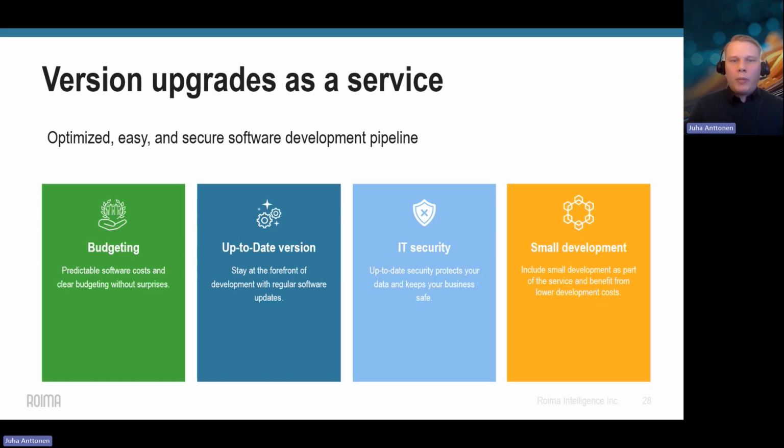You are paying a monthly fee and you don't have any big upgrade projects coming every 2 or 3 years. So it's easier to budget the software costs. And you will always have the up-to-date version, which will enhance, for example, the IT security when you have the latest modules of Aton available.